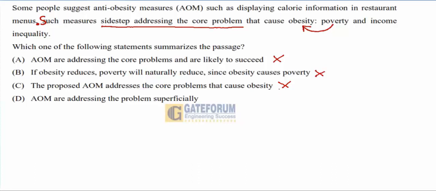Now the fourth statement, AOMs are addressing the problem superficially. Superficially means on the surface. They are not going to the core. So naturally that is the answer, because you see they are avoiding addressing the core problem. They are addressing the problem superficially. So I will say that the fourth option is the correct one.